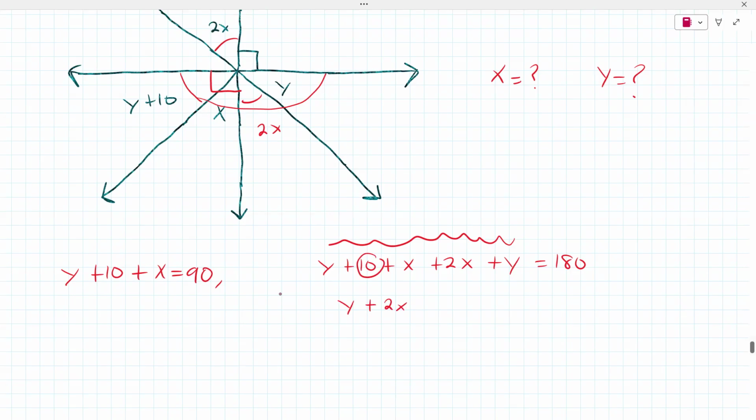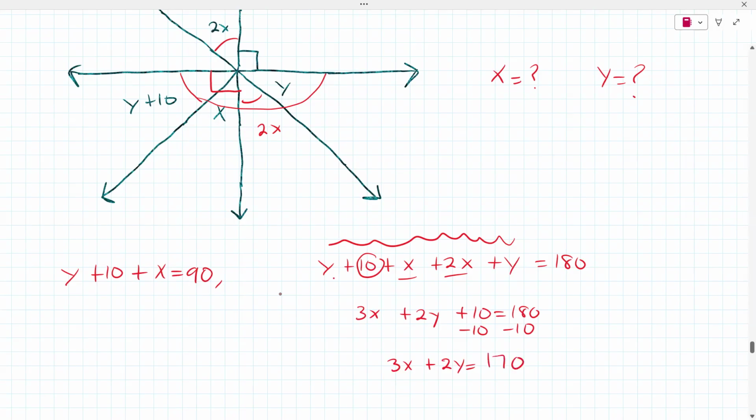Let's collect our letters. We have 2x here, 1x there, that's 3x. y plus y is 2y, and our constants are 10, equals 180. Subtract 10 from both sides, and you get 3x plus 2y equals 180 minus 10, which is 170.